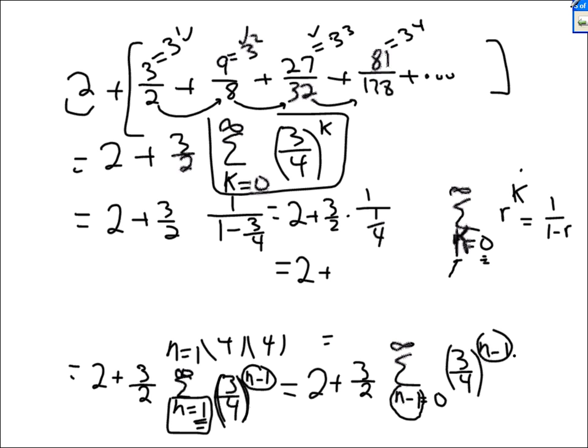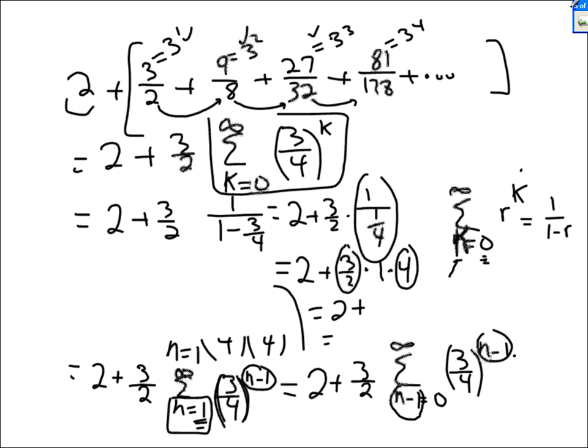And instead of dividing the 1 by 1/4, you can multiply the 1 by the reciprocal. Okay. 2 is 2. 3 over 2 times 4: 2 goes into 4 2 times, you get 6.